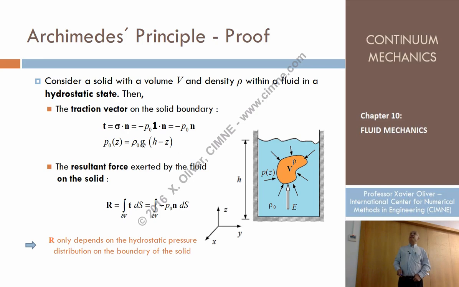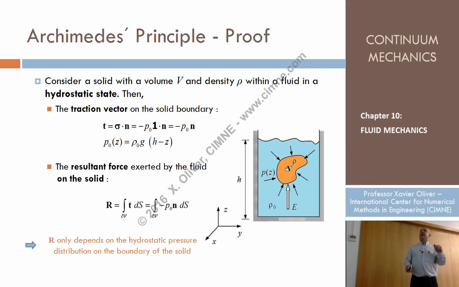So this is something that depends only on z, so it doesn't change as we keep z constant, okay? So that upthrust, the resulting force on the immersed solid, would be just the integral of all these forces on the boundary. Let's call it R, and let's call it the integral along the boundary of the immersed solid, and replace the expression. That's the expression, integral along the boundary of minus P0 times n. This is the upthrust force.